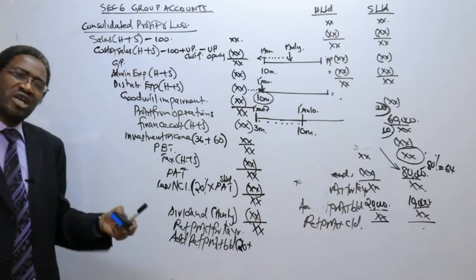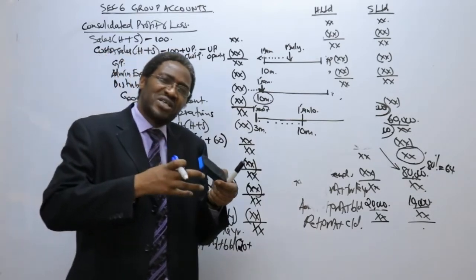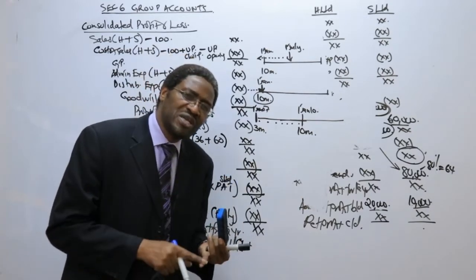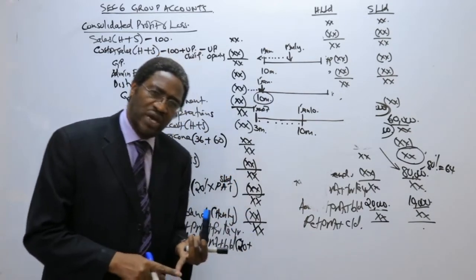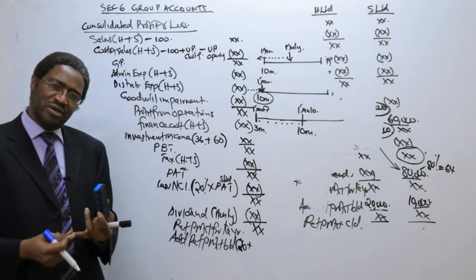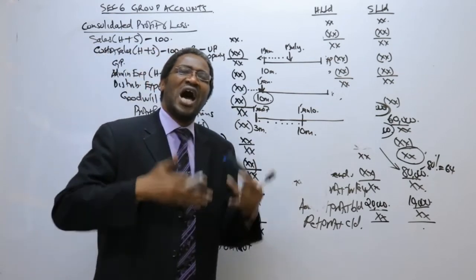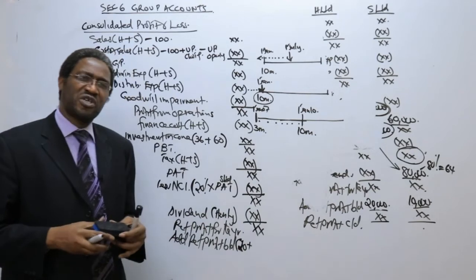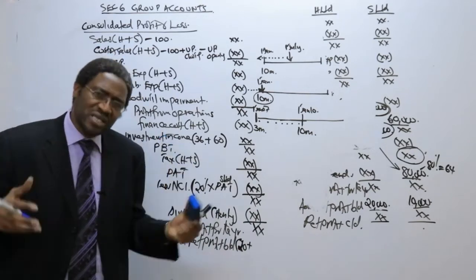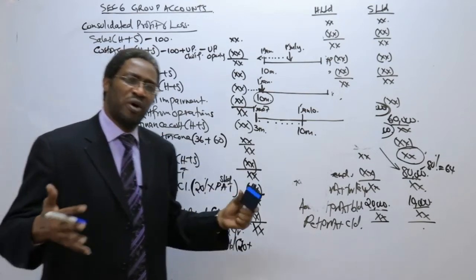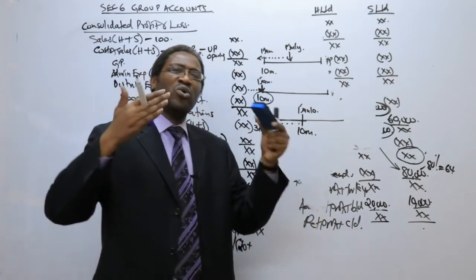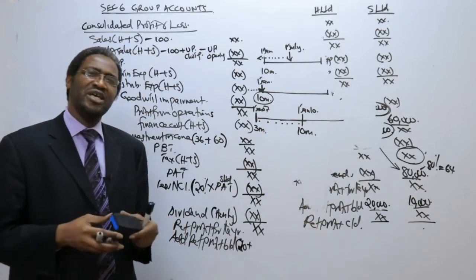We concluded by saying part of that 10 million was the profit the subsidiary made before I acquired it, and part of that 10 million was the profit the subsidiary made after I've acquired them. So we had to split that 10 million into 2 parts. That's what I hope you remember. We had to split that 10 million into 2 parts.